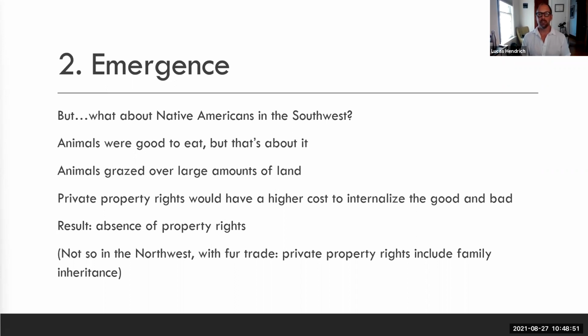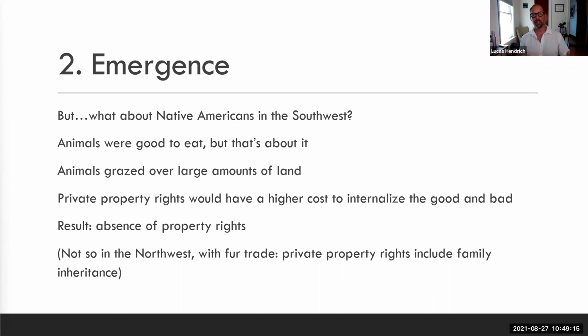There are large amounts of land that they're grazing on. So here we see that property rights would have had a higher cost to internalize these externalities, both good and bad, than by policing them than not having them. So again, we're seeing this response to a question of size and scale.